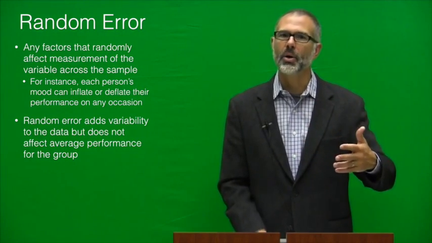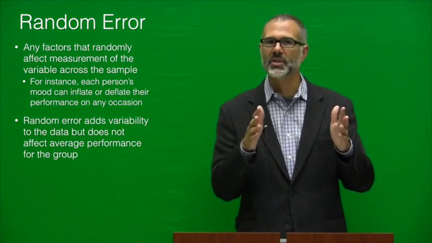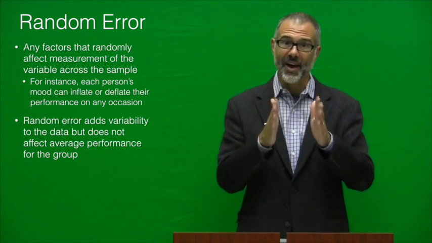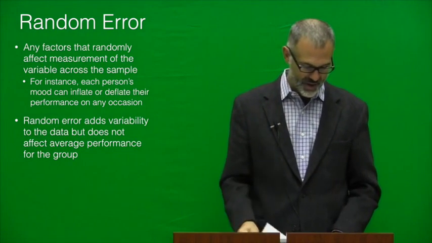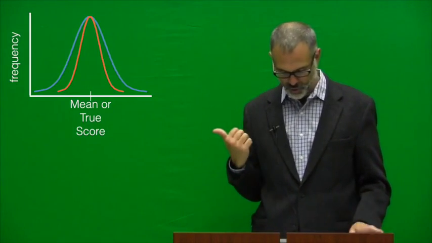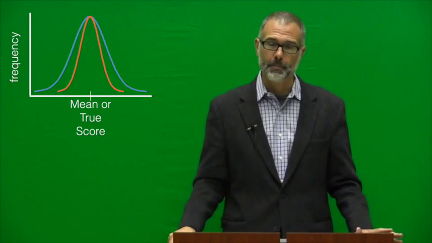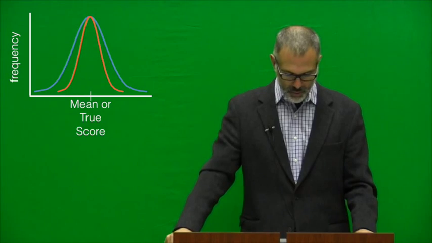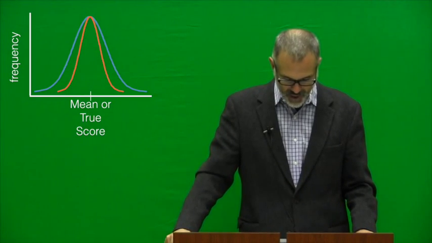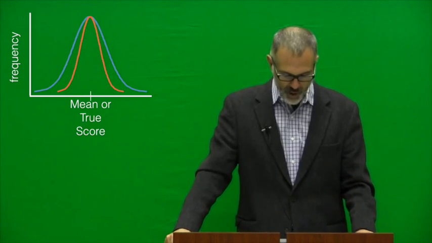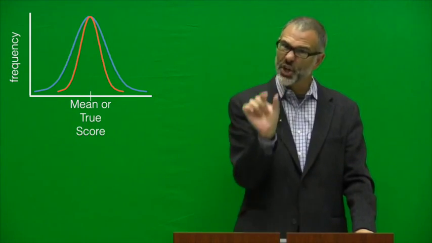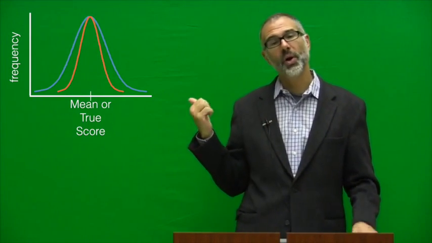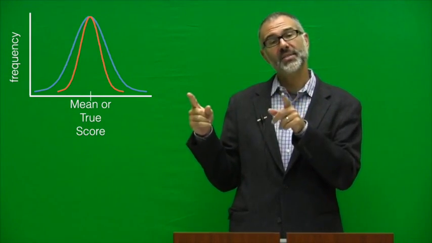So random error makes it a little harder for me to see differences, but it doesn't affect what the true value is. And you can see that by this picture over here, which is a picture of a normal bell curve or a Gaussian curve. So one has random error, one has no error. You'll see the one that's skinnier has no error. The one that's wider has random error.